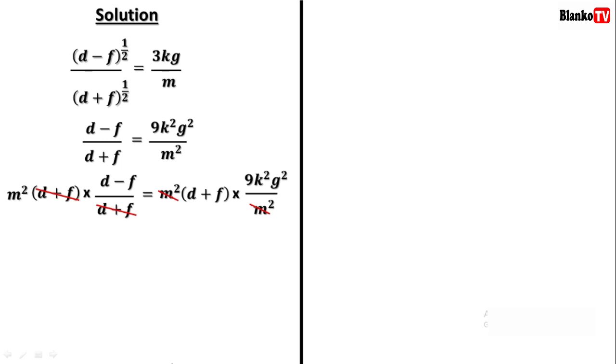So we have m square multiplying d minus f equals 9k squared g squared multiplying d plus f in a bracket.